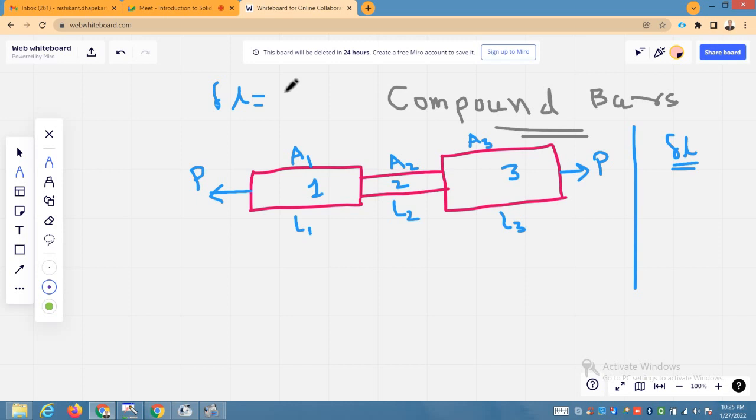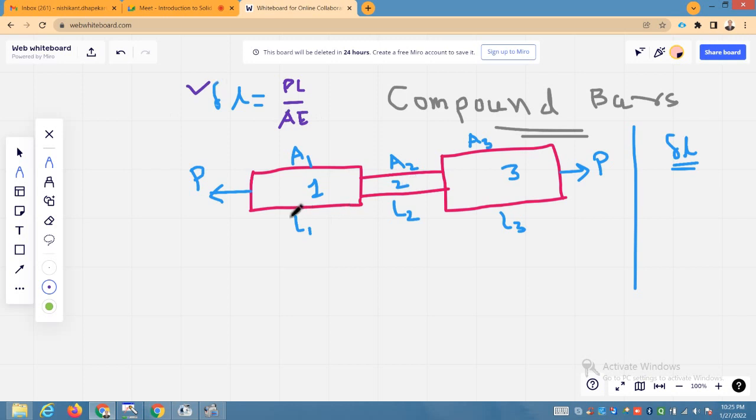Stress is P by A, strain is delta L by L. So E equal to P by A upon delta L by L. So finally we have arrived at delta L equal to PL upon AE. Such types of numericals are very simple, and in GATE exam you will get such types of objectives. So PL upon AE is the change in length.